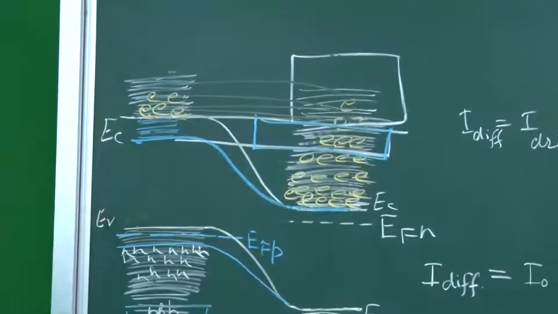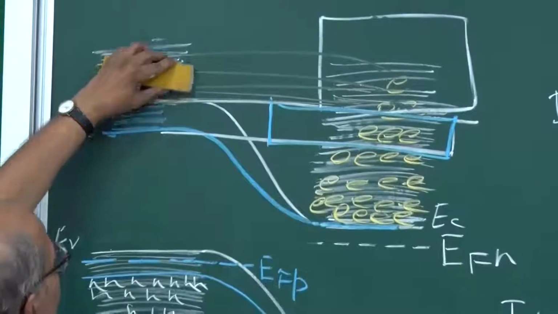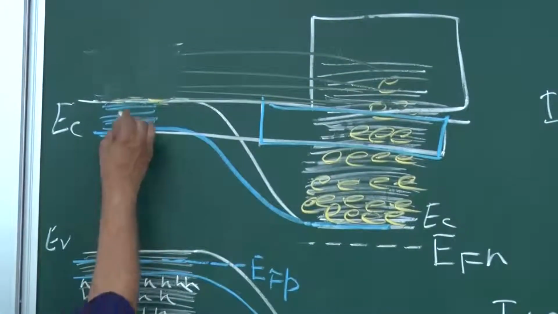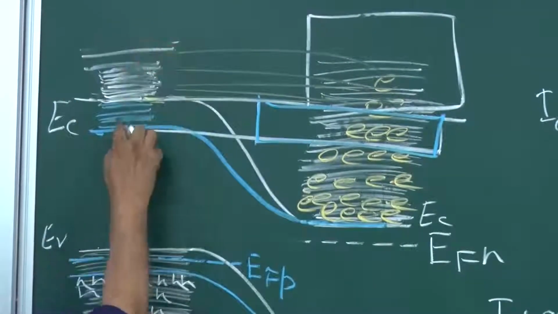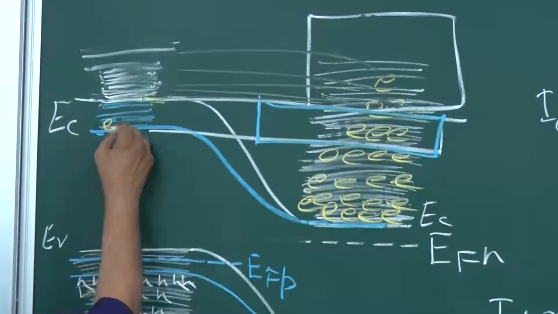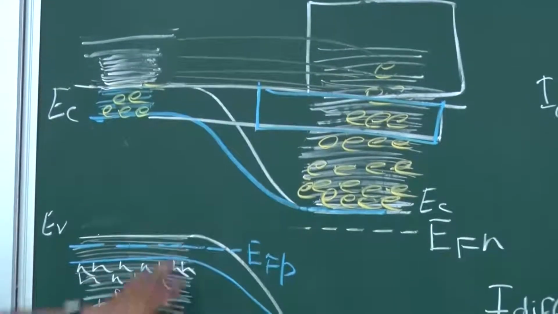Now because of the shifting down, what will happen? These electrons are not here now, the quantum states are very much there, but the electrons start at the bottom of the conduction band, and that is here. So now those electrons are here. But it doesn't matter.